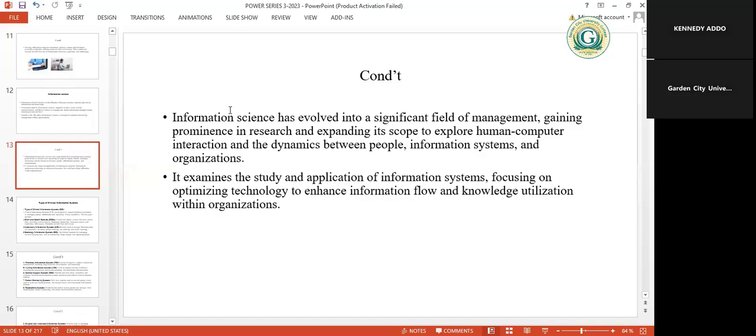So information systems and then informatics. Informatics is broader because it encompasses almost all disciplines. But information system is just limited to the applications of technology in organizations. So these are the differences, right?